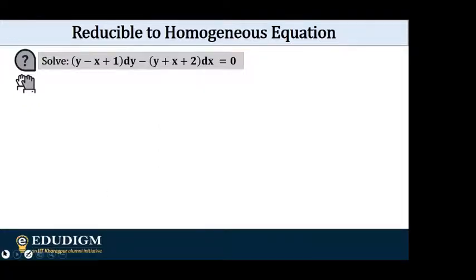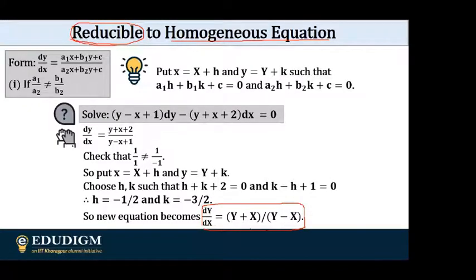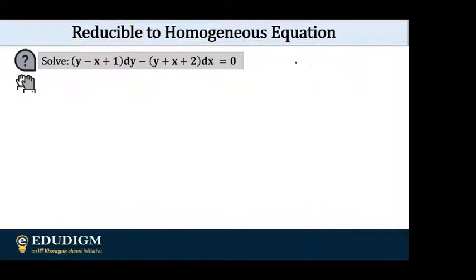Now what you have is a very simple homogeneous equation. Let me just show you the previous part here: y plus x by y minus x. Here you have y plus x divided by y minus x. If I give you this particular function for both the cases, you can clearly see that individually they are homogeneous. They have degree 1, so it's very, very easy to deal with.